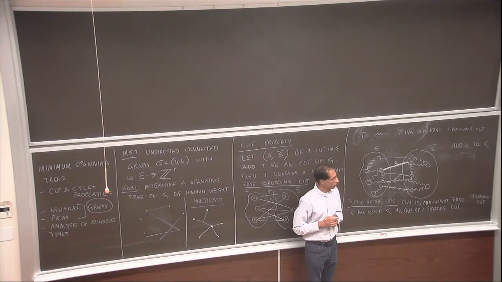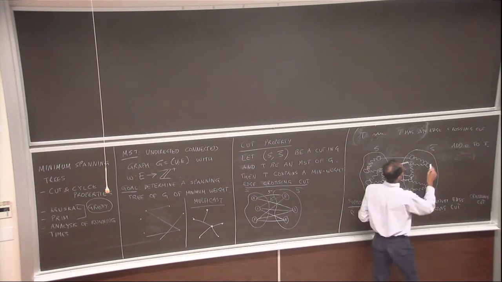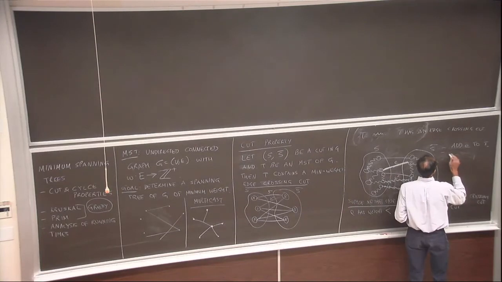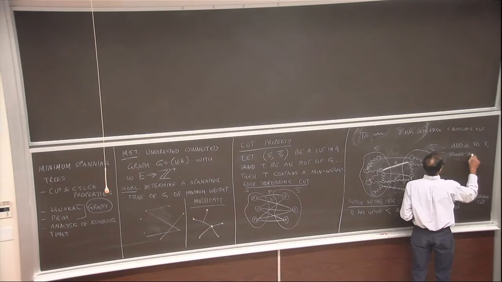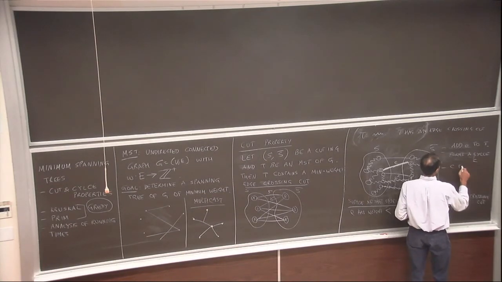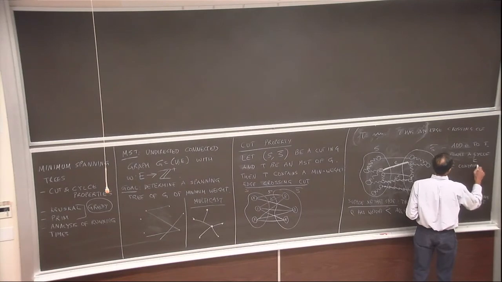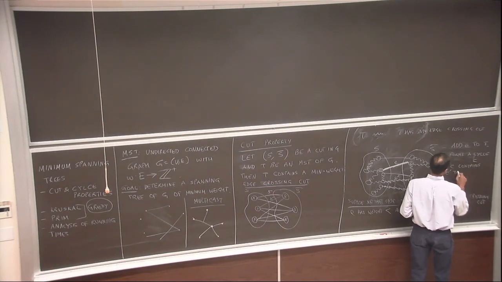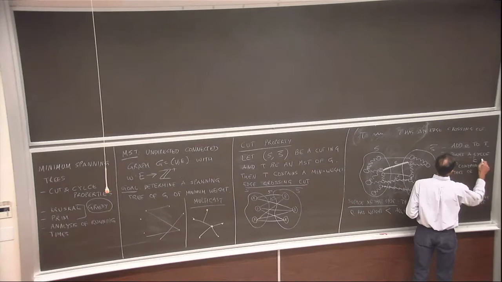Okay? So add E to T, form the cycle. Let's call that cycle C. We know that C contains edge E prime, which crosses the cut.